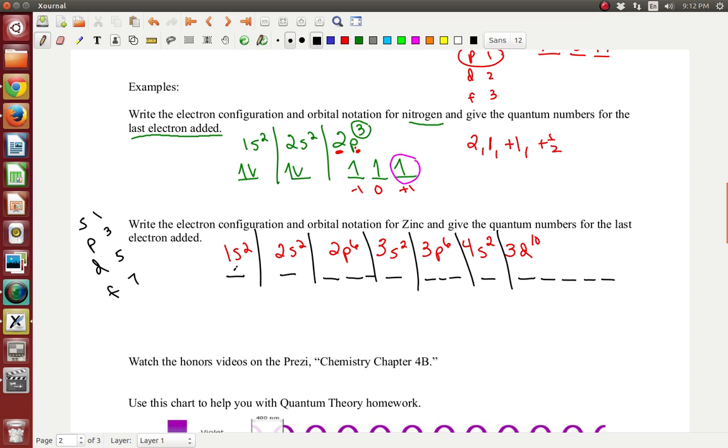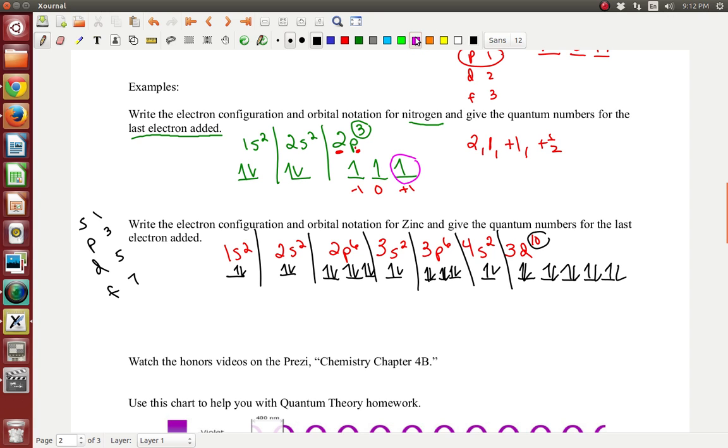All right, there are 2 electrons in this one, 2 in this one, 6 in this one, 2 in this one, 6 in this one, 2 in this one, and 10 in this last one. 1, 2, 3, 4, 5, 6, 7, 8, 9, 10.